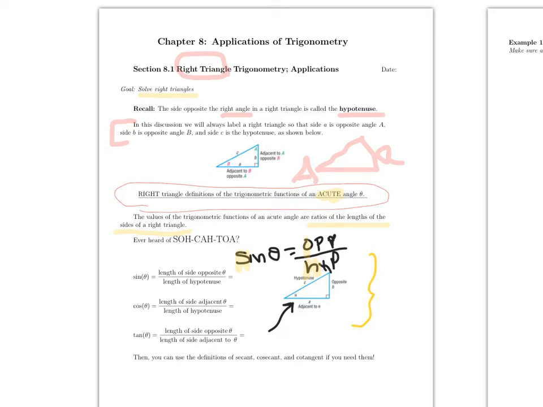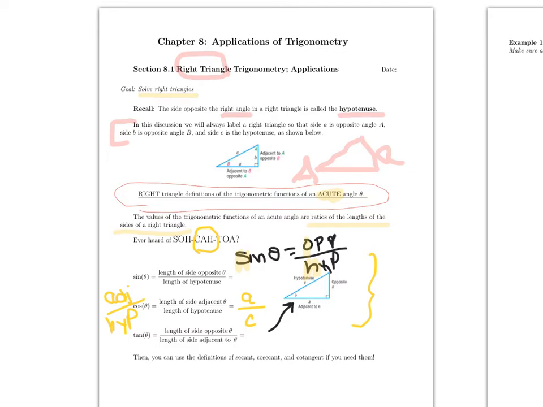The cosine function is defined as the length of the side adjacent, so right next to theta, in this case labeled side a, divided by the hypotenuse, which in this case is labeled side c. So cosine of theta is adjacent over hypotenuse, A over H, CAH. That's where this mnemonic device comes in.